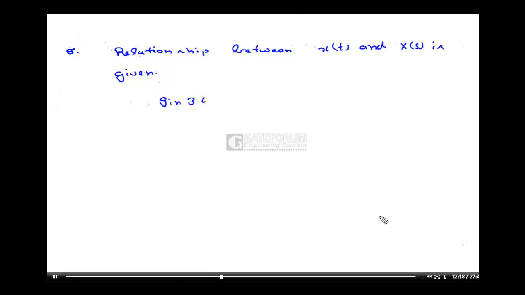Sin 3t u(t) gives me Laplace transform as X(s).